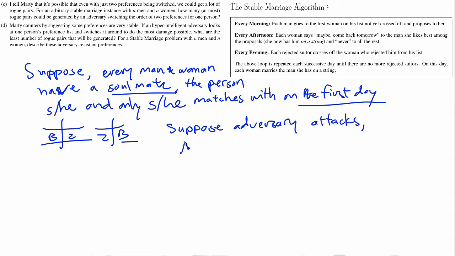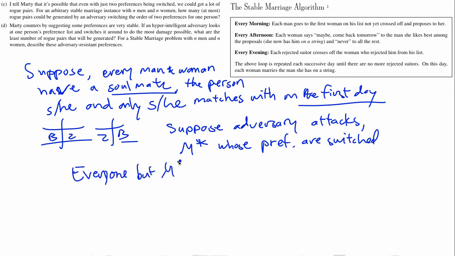So now we have a man, M star, whose preferences are switched. Then everyone but M star gets matched with their soulmates.